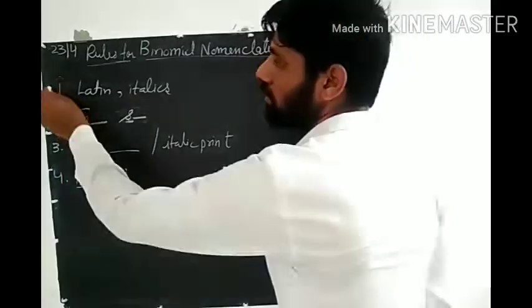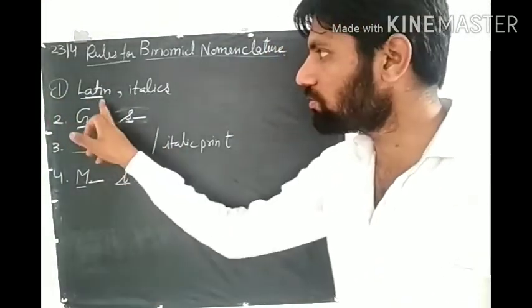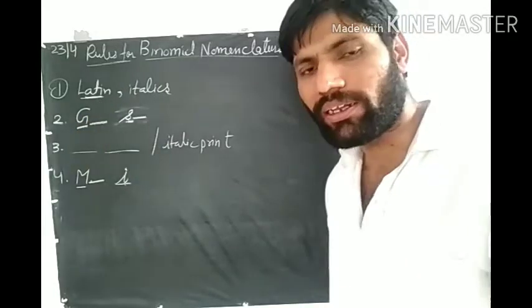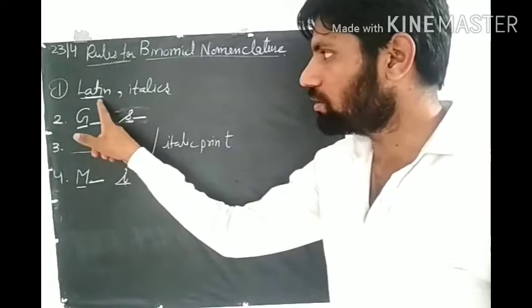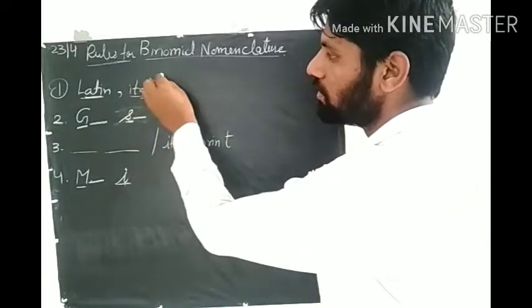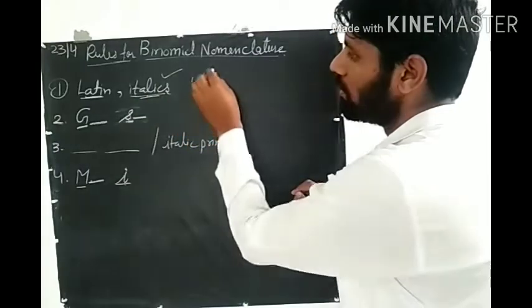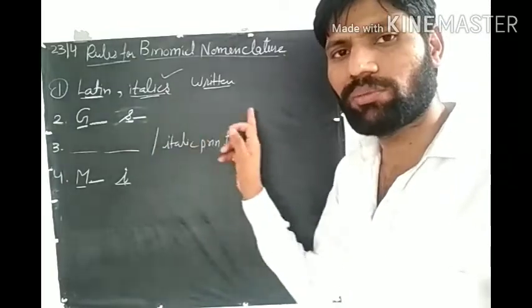So the very first rule is that the origin of the word is from the Latin language, or it is derived from Latin. This is the first point. After that, if it is written, it is written in italics. Here language means font.